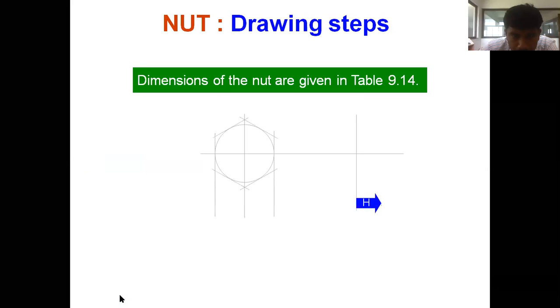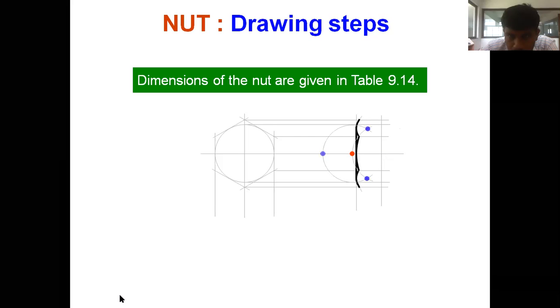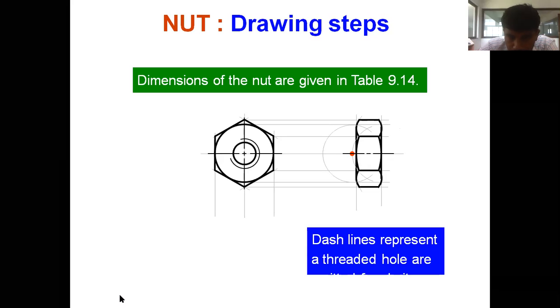Draw the hexagon, height, and all these things are repetitive, the same. Draw a dashed line to represent the threaded hole; it is omitted for clarity here.